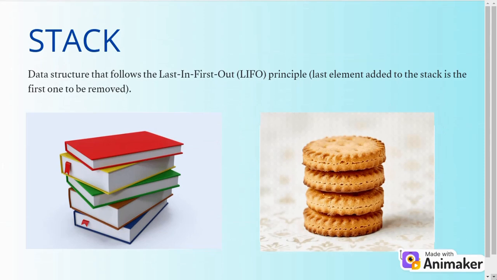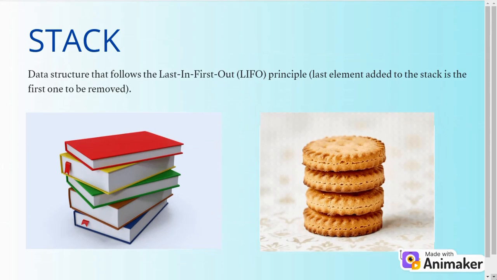Here, if we want to add another book or a biscuit, we have to add it on the top and not anywhere else. Similarly, if we want to remove a book or biscuit, we have to do it from the top. We cannot add or remove any of them from any other position.